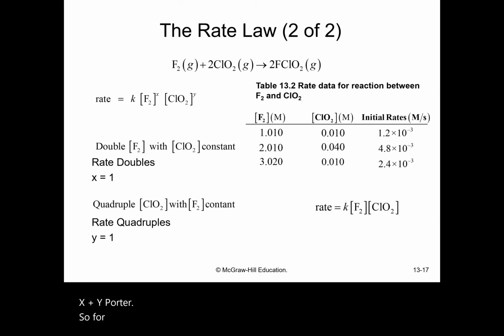So for this example, we have a reaction taking place, 2 gases reacting to form another gas. The table here on the right is showing the data. The concentration of F2 is increasing. The concentration of ClO2 is not increasing, so it goes up and then back down.